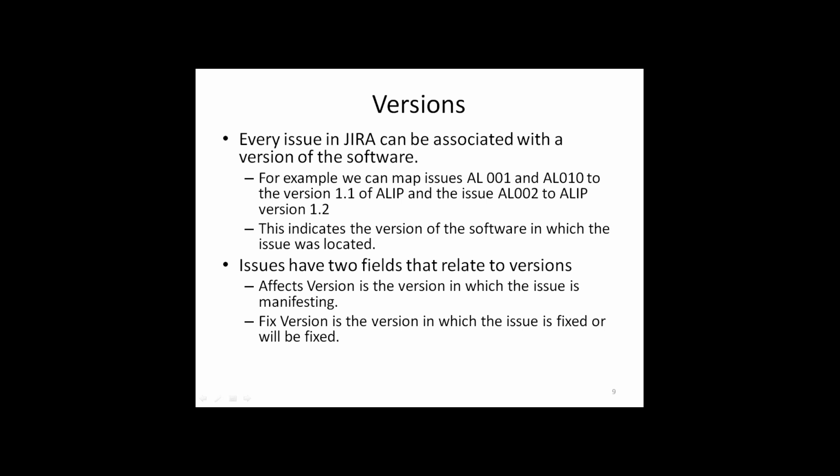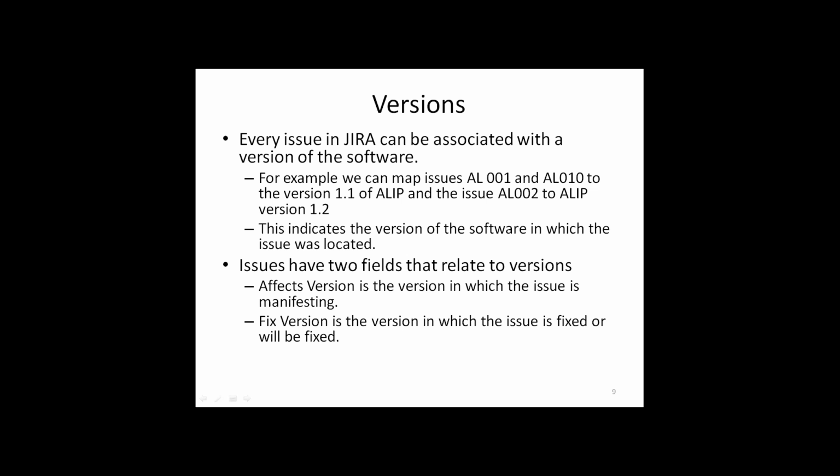As we know, in the software industry there is continuous upgradation of the project. Once the project is released, it is revisited and newer versions come up. That is the reason we need the version to map it to the issues. Issues have two fields that relate to versions. So there are two kinds of version: the affect version and the fixed version.